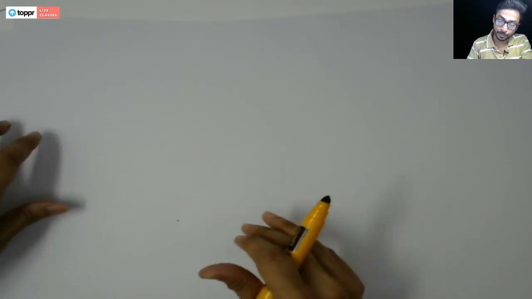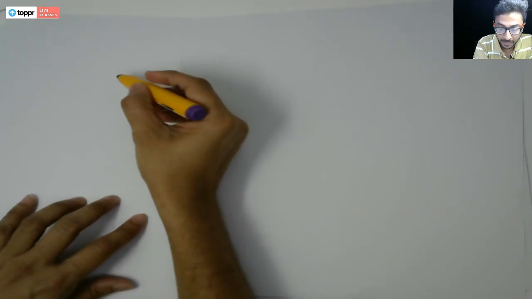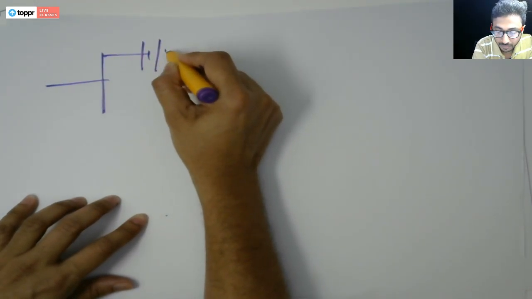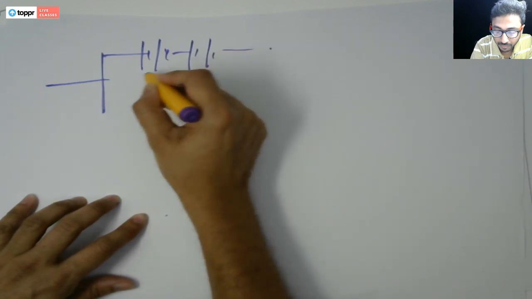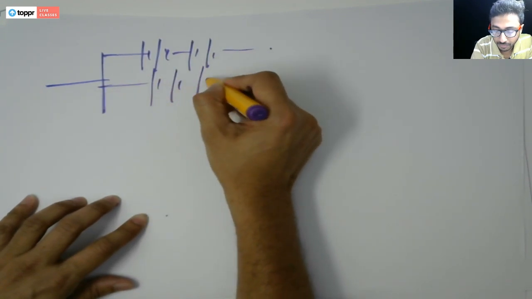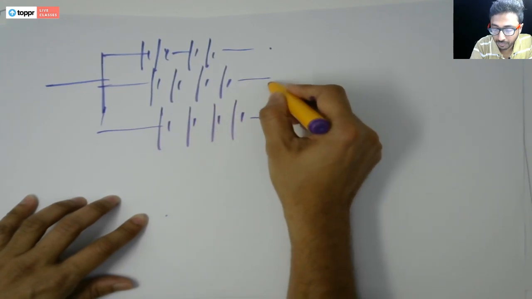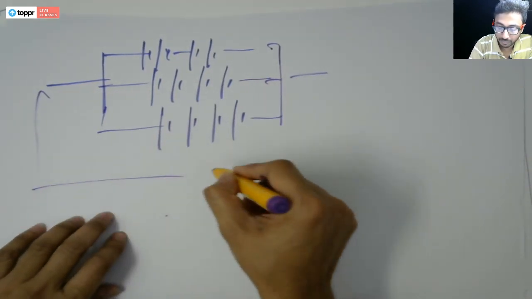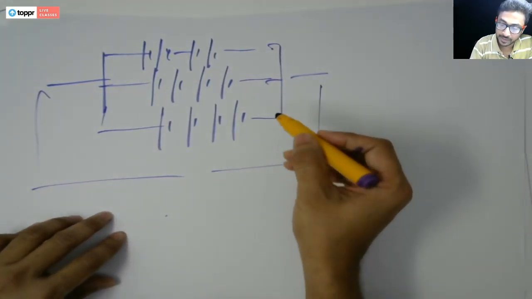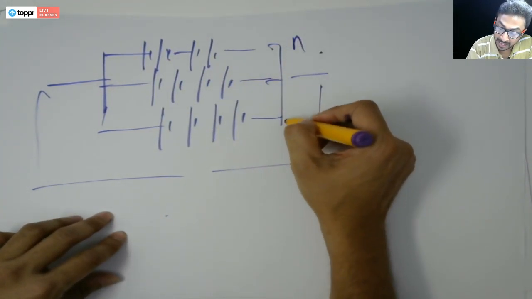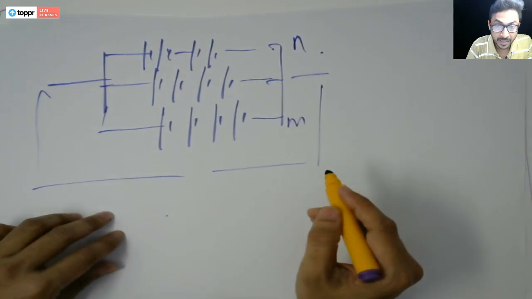Now, what would happen if series and parallel are combined? Then you will see there are n cells in one row and m such rows.